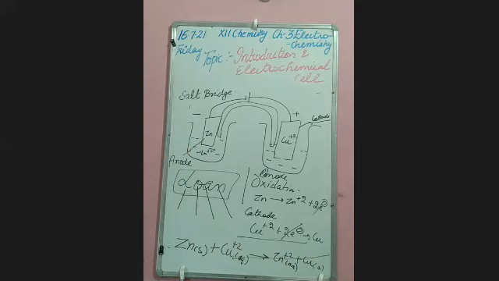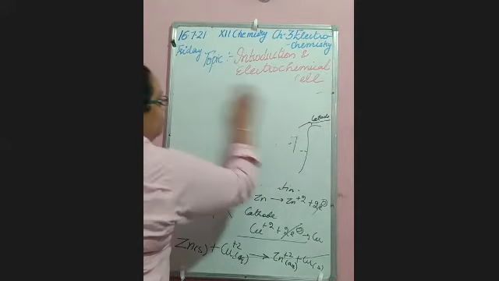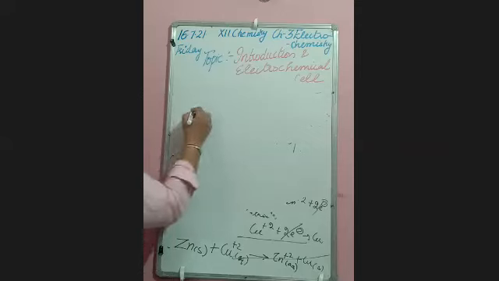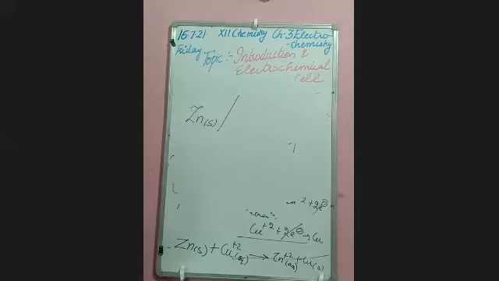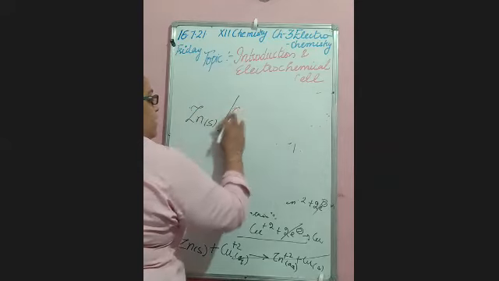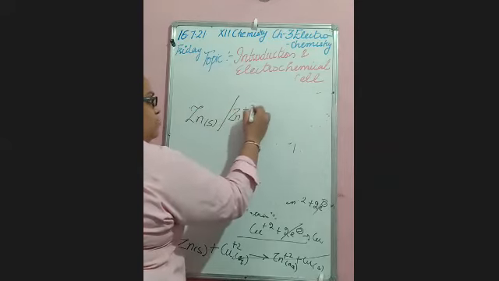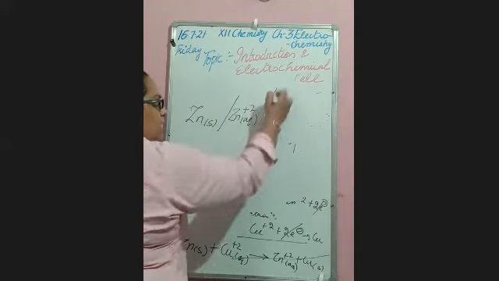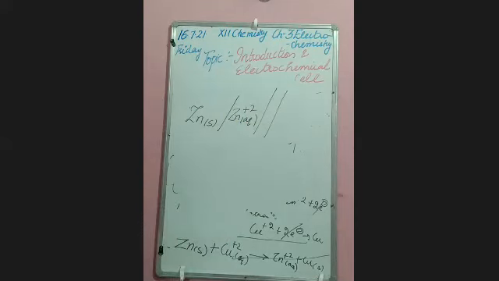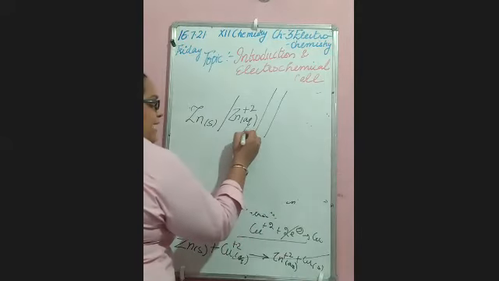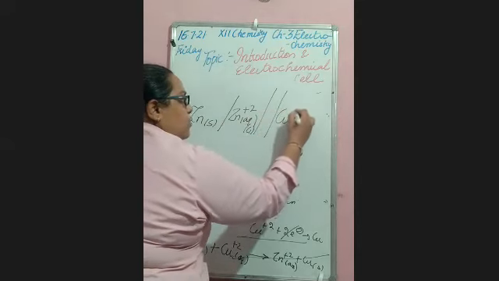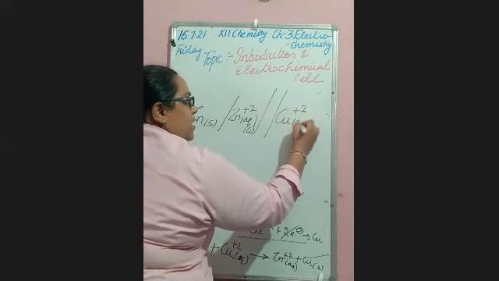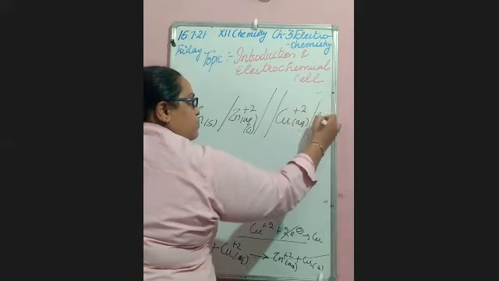If I ask you to write its cell reaction also in case of galvanic cell: zinc solid, a single phase, is converted into zinc 2+ in aqueous solution. This double line represents the salt bridge. You can write concentration also if it is given to you, and cupric is converted into copper.